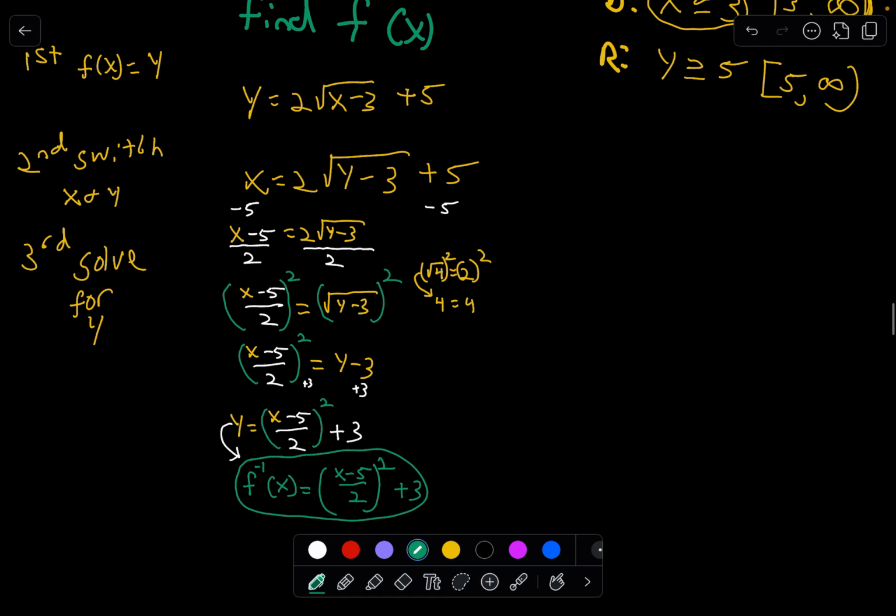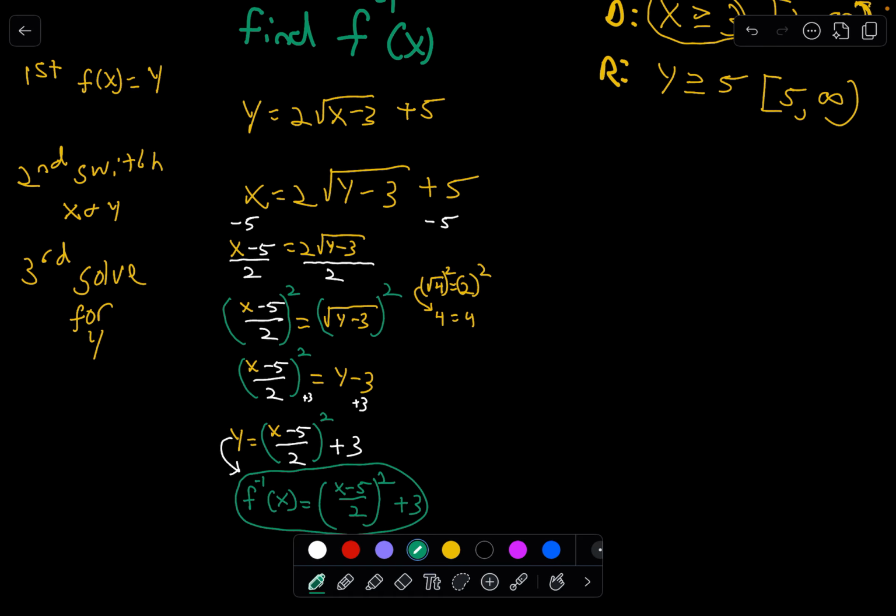First step is to change f of x to be y, which is where I started right here. Then switch x and y, which is here. Go through all these steps to solve for y right here. And the last step is to change that y notation back into function notation, where instead of f of x, it's now f inverse.